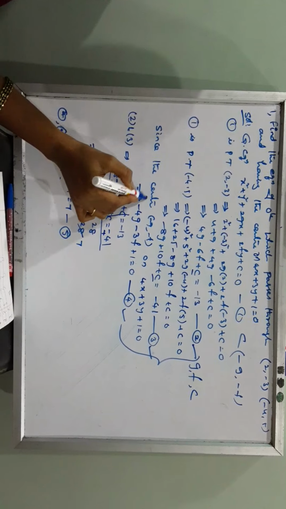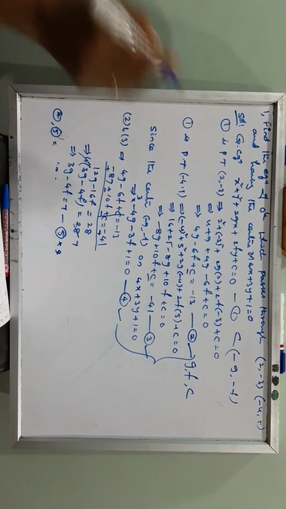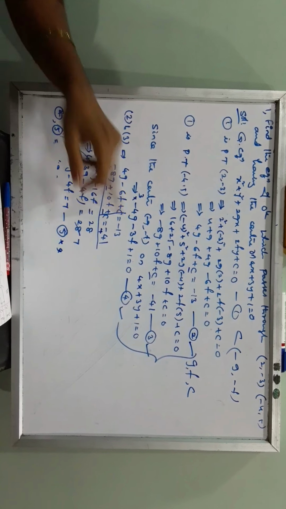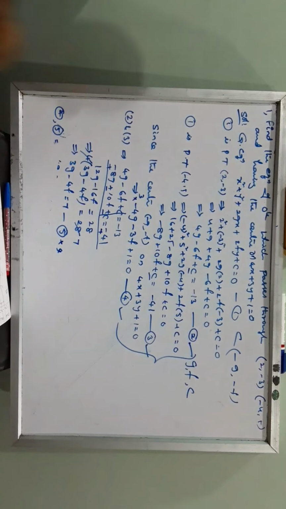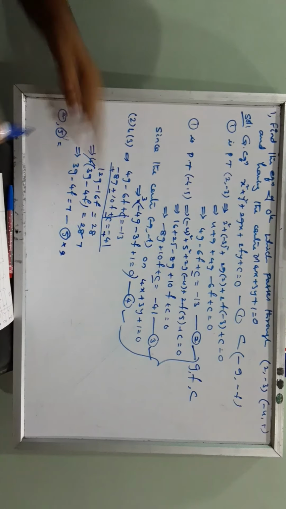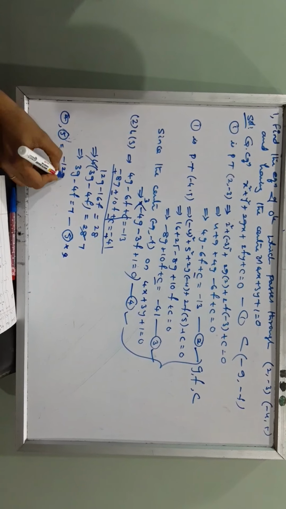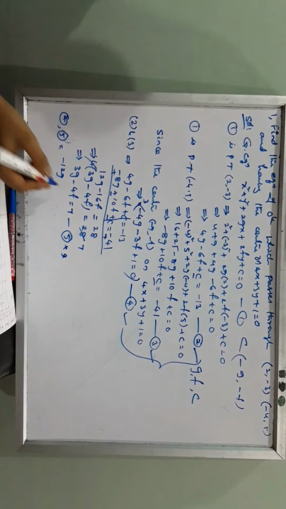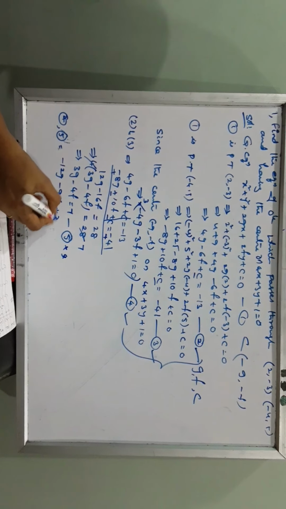Equation 4 is multiplied by 3 and equation 5 is multiplied by 4, so that -12g and +12g get cancelled. Equation 4 times 3 becomes -12g - 9f + 3 = 0.